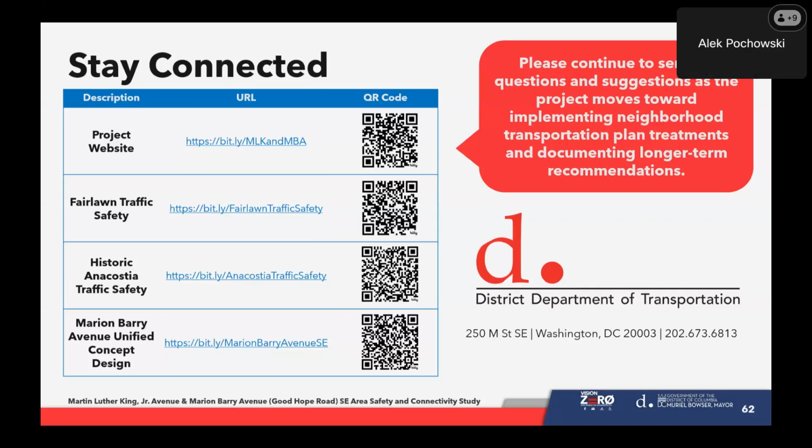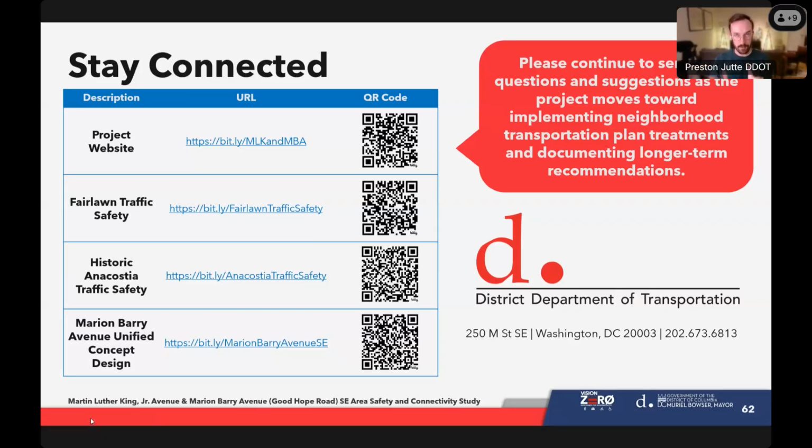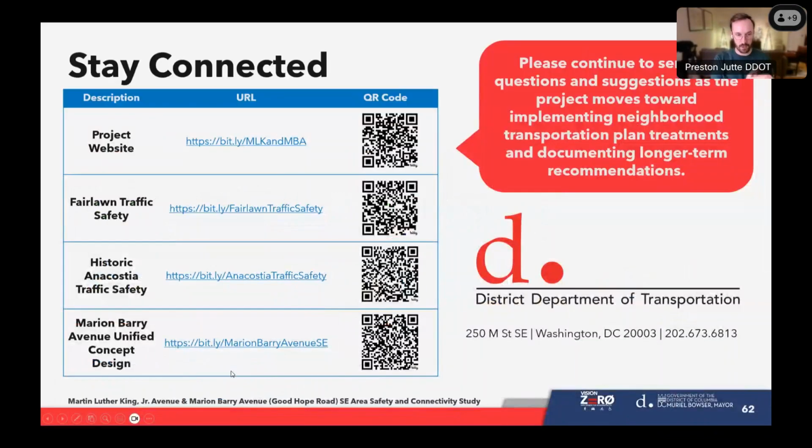So there is also a nearby project. I don't have my map showing other projects going on, but there's a Marion Barry Avenue corridor safety project that is looking at Marion Barry Avenue from Minnesota Avenue all the way to Alabama Avenue. So any intersection from Minnesota Avenue to Alabama Avenue has more immediate term safety improvements coming within the next year or two.